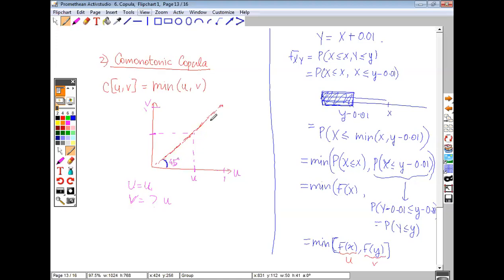There is no deviation and nothing else going on, so you would get a perfect mirror image of these axes across this copula.